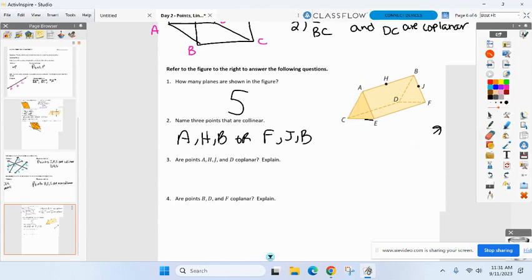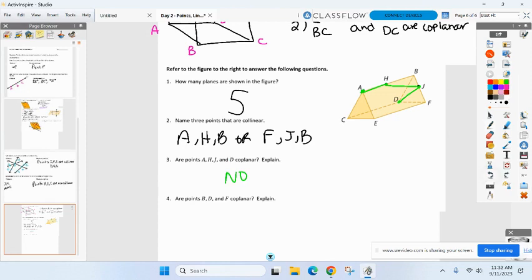Let me connect them: A, H, J, D. Are those one of the 5 planes you told me about? No. Now look, I get rid of D. The answer is yes. See the difference? Because I added D in, all 4 are not on the same plane, just A, H, and J.